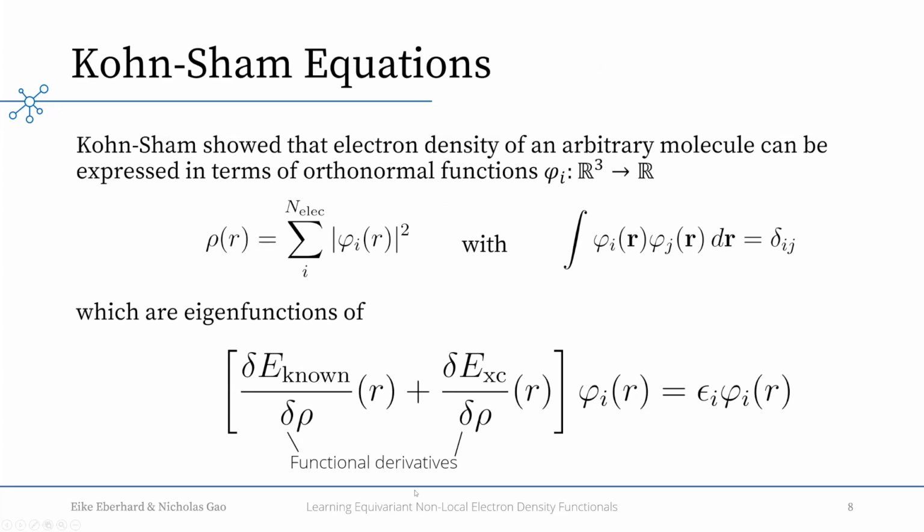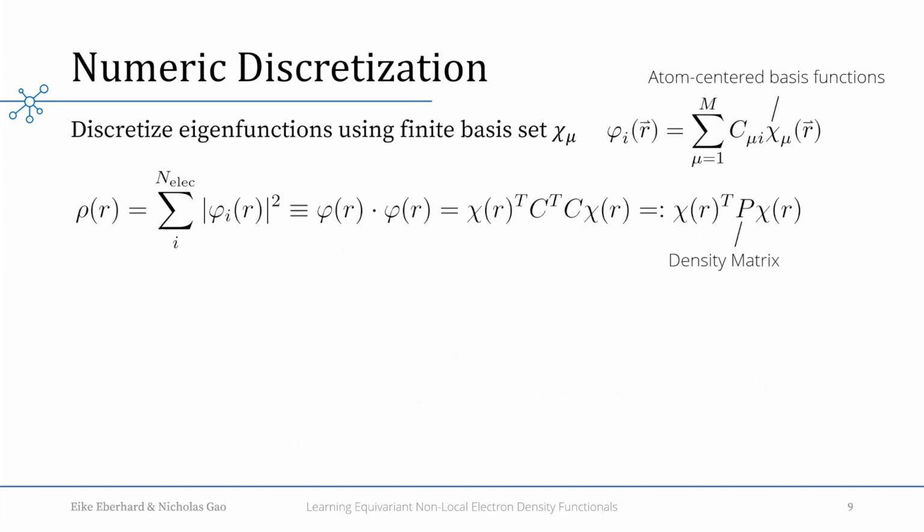And these so-called orbitals have to simultaneously solve an eigenfunction equation with some known term and again this unknown exchange correlation energy functional. And here I have again an eigenvalue. These are to be interpreted as functional derivatives, which in a second we will discretize. This is the true theory, but in a discretization of it you can recover the normal derivative again. That might be more familiar to people here.